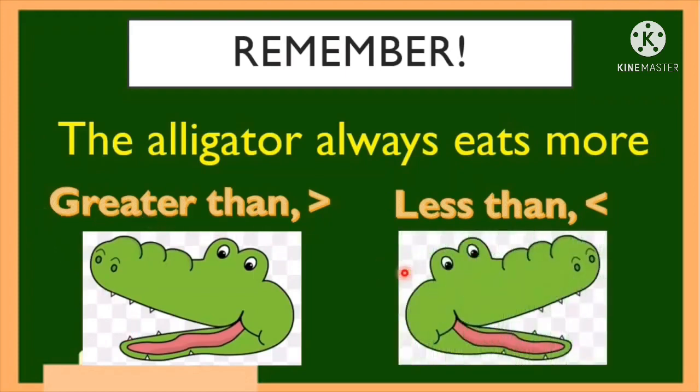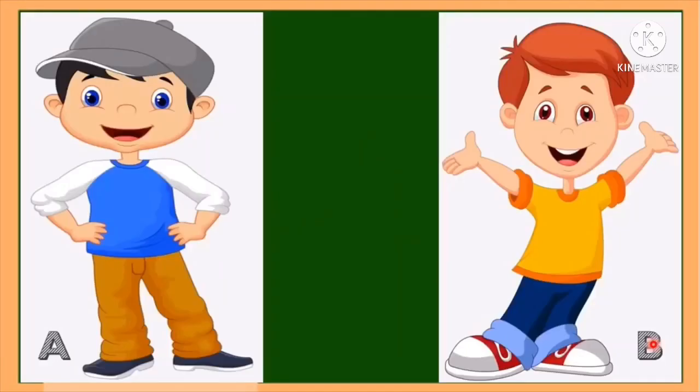For less than, it will face the right side. Greater than, open, left. Less than, open, right. Okay? So you will not forget those two. It's easy. Let's have some examples.